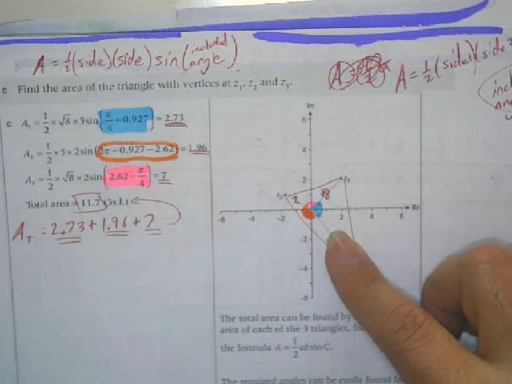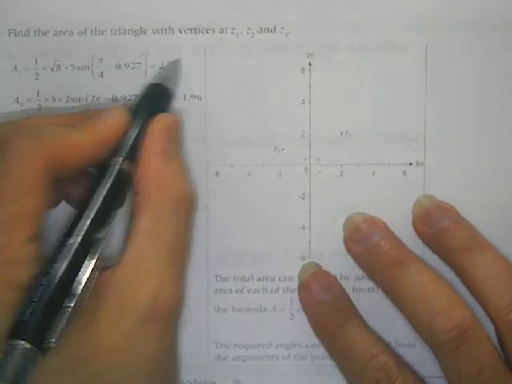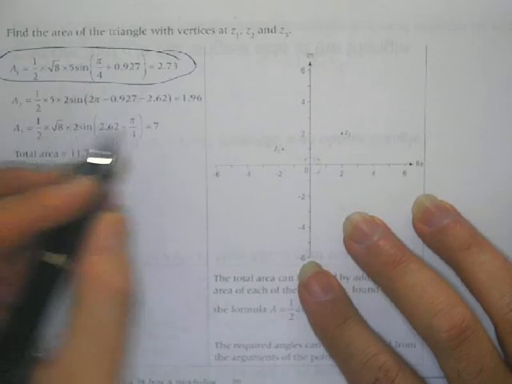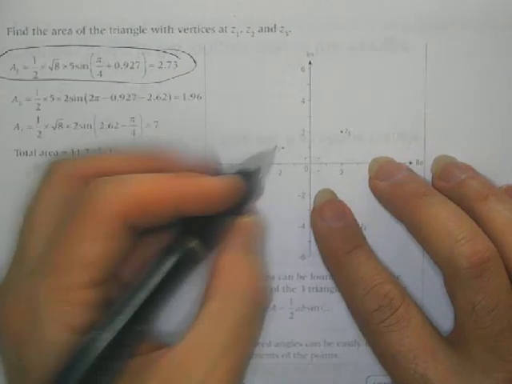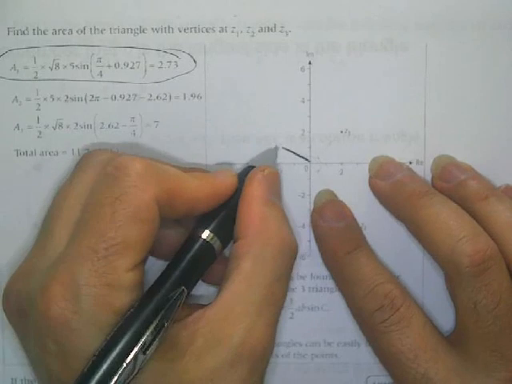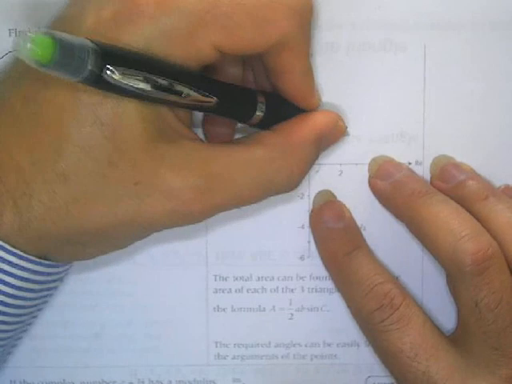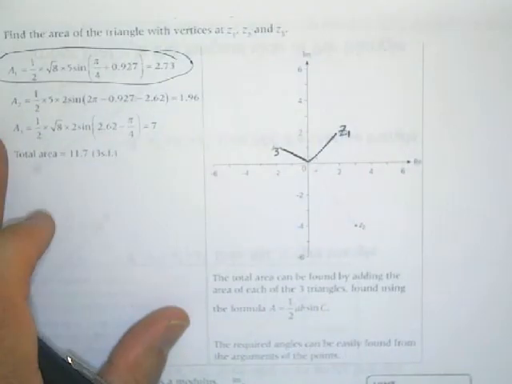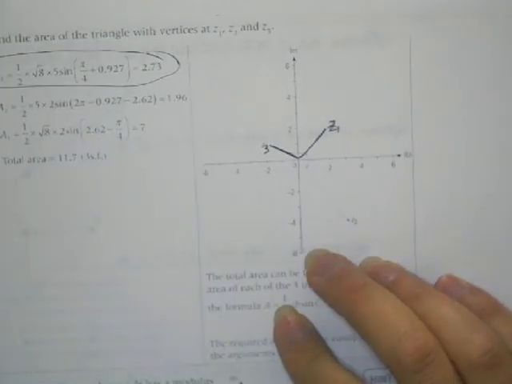So I'm just going to do this on this other paper where it's clean. Okay, I'll just do one of the triangles so you get the idea, and then we can move forward. So on the previous page, this line right there is Z3, and this line right here is Z1. And on our previous assignment, we need the length of these lines here.